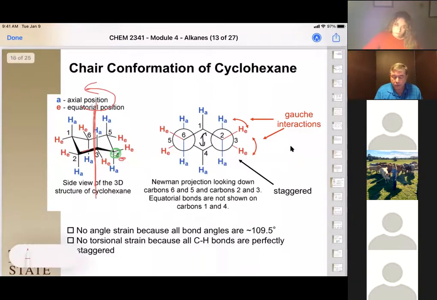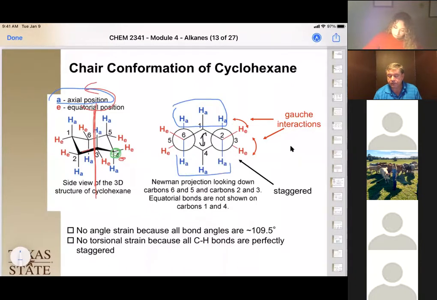So we have what we call axial hydrogens, which are the ones pointing straight up and straight down. You can imagine if you had a model, those would be the legs sitting on the table, and there'd be 3 poles sticking out. And then all the ones around the outside are what we call equatorial positions, because they go all the way around the outside of that molecule.